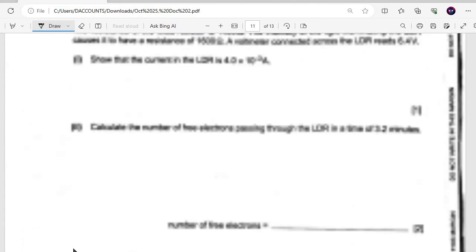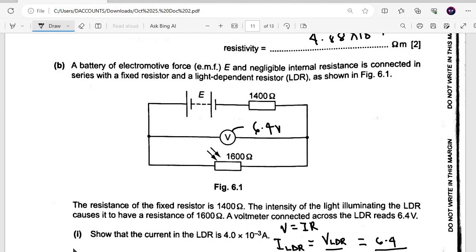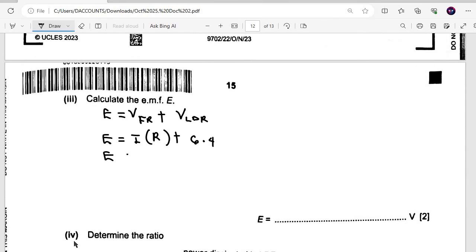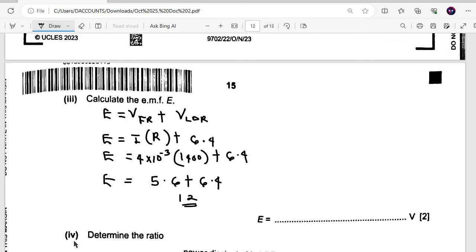The circuit is a series circuit, so the same current flows. The current in the LDR is the same current in the fixed resistor, and the fixed resistor is 1400 ohm. So this times this, we have 5.6 plus 6.4. It gives us 12. So the EMF is 12.